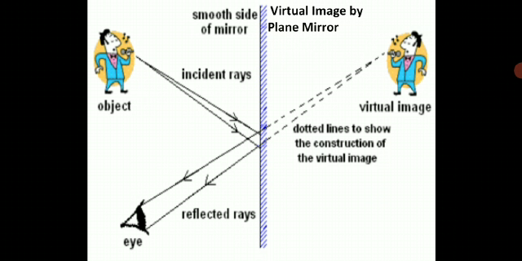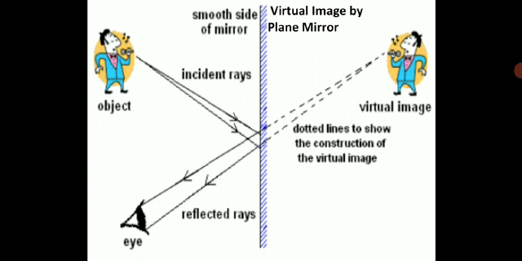You can see a person standing in front of the plane mirror, and the image formed is a virtual image, because a virtual image will always be erect. Virtual image formed by a plane mirror is always erect. Just take the example of yourself standing in front of the mirror, you see yourself erect, though you have a lateral inversion, it is not upside down.